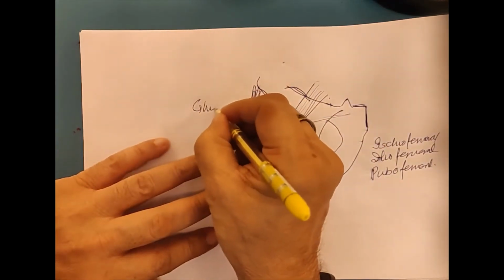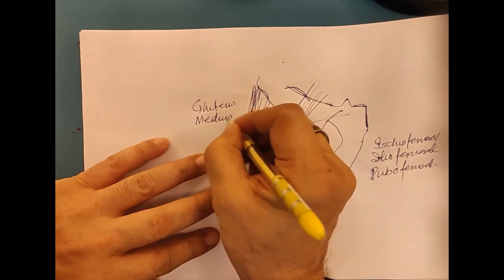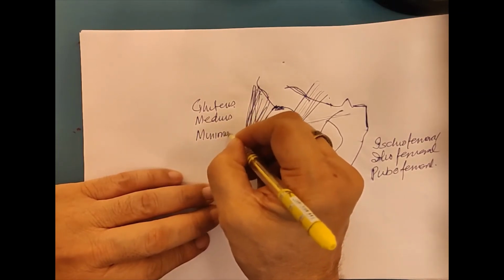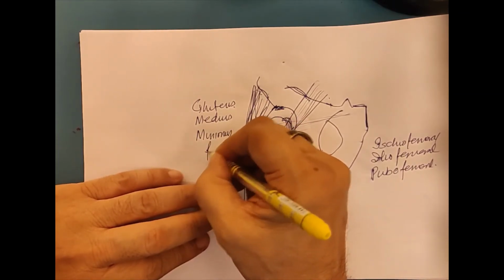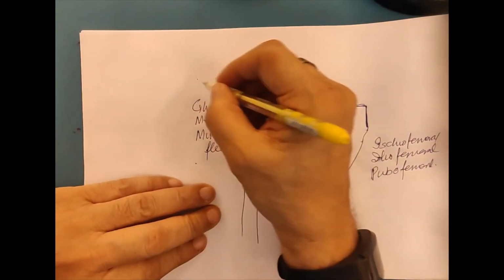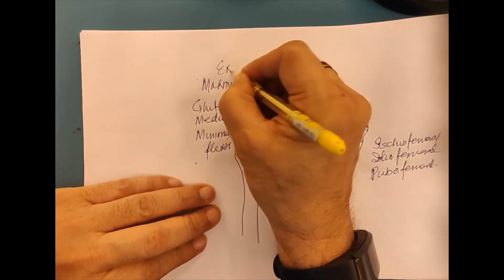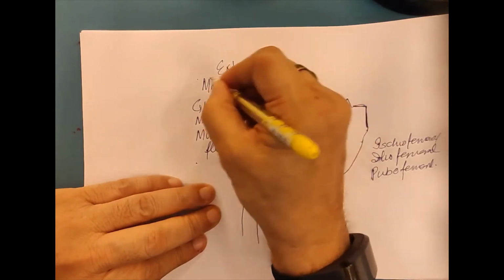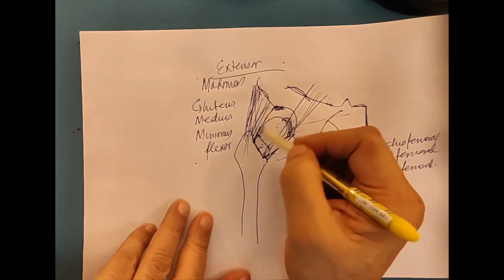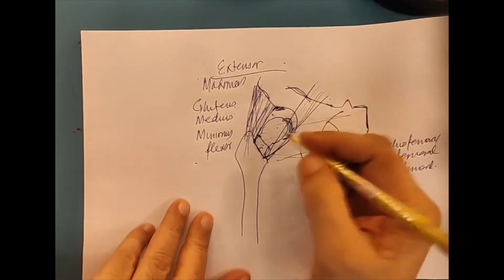And they are glutei: gluteus medius, pure abductor; gluteus minimus, which is a flexor abductor; and gluteus maximus, which is behind, basically an extensor. So these are the glutei muscles which are on the outside.